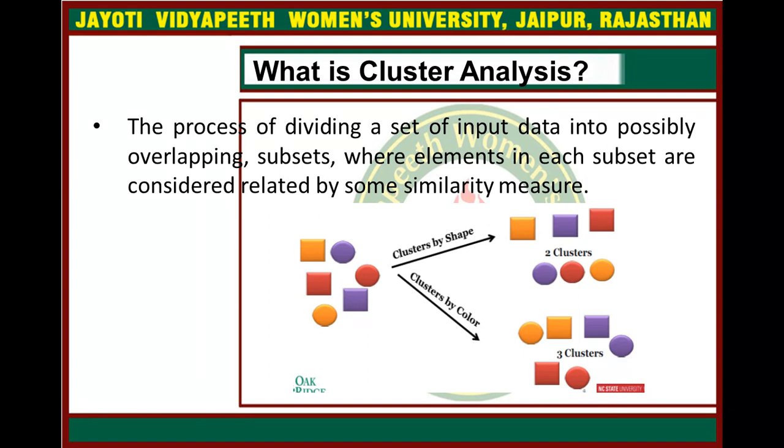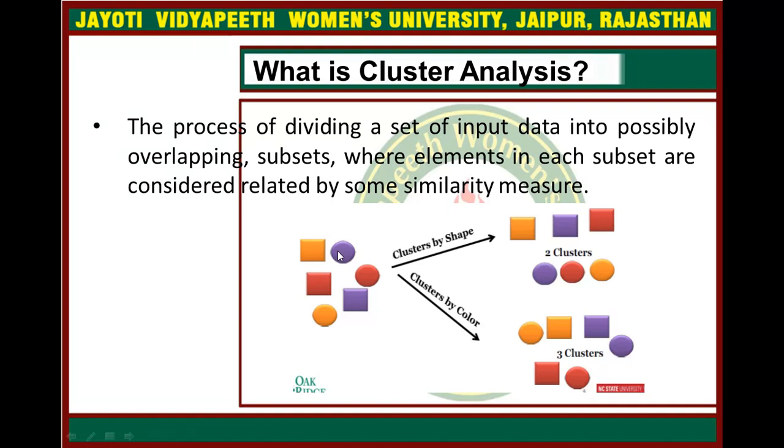What is cluster analysis? You know about cluster and analysis. When we combine both the terms, we can define this term as the process of dividing a set of input data into possibly overlapping subsets where elements in each subset are considered related by some similarity measures. Like you can see here, there are different types of elements.